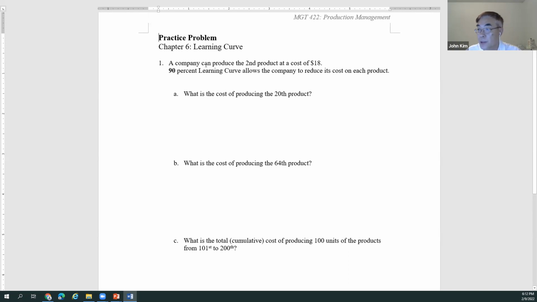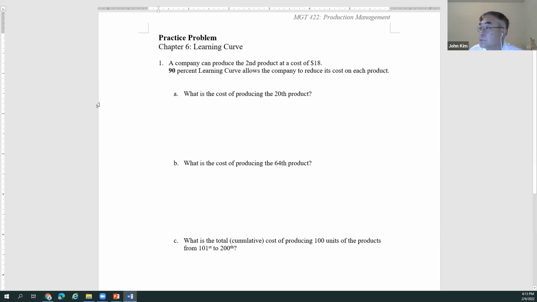Okay, a company can produce the second product at a cost of 18. And this practice problem gives you a learning percentage of 90%. But this one doesn't give us K, the initial cost. So first we need to figure out the initial cost. Let me make sure it is recording.